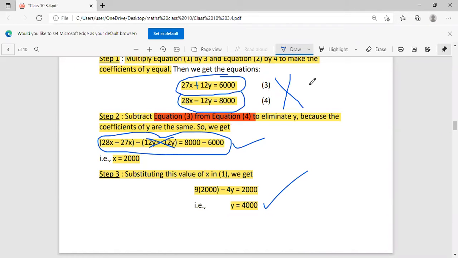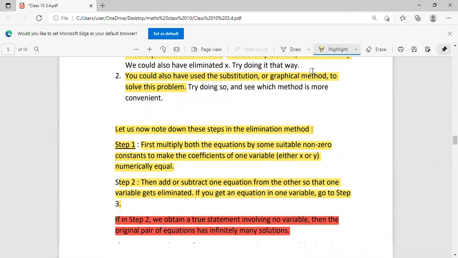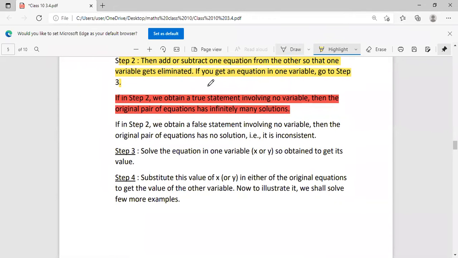There won't be any variable. It means that our given equations have infinitely many solutions. In other words, graphically, how can you say it? My lines may be coinciding. Yes, very good. Those two lines are coinciding, so they have infinitely many solutions.